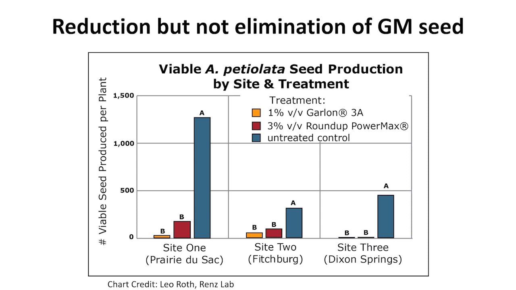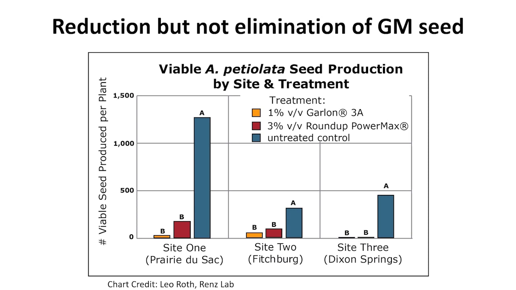But what I want to emphasize is we are still getting some viable seed production. And the level of viable seed was variable. In one site here in Illinois, we had very little, if any, viable seed. In this Fitchburg location in southern Wisconsin, we had quite a low number, but not a non-zero number. And in this location, glyphosate had numerically a little bit more than triclopyr, but we did see some viable seed.